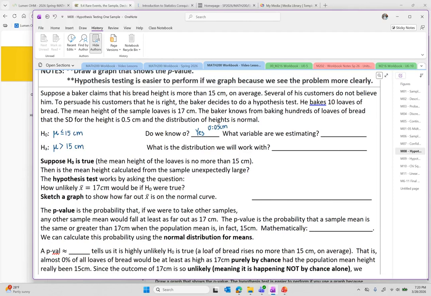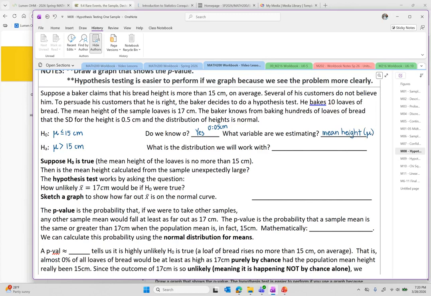What are we going to estimate when we collect the sample of 10 loaves of bread? The variable that we will be estimating is the mean height. We will be estimating mu with our sample mean, x bar. So, what distribution are we going to work with?